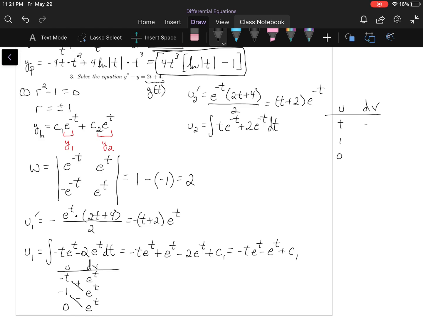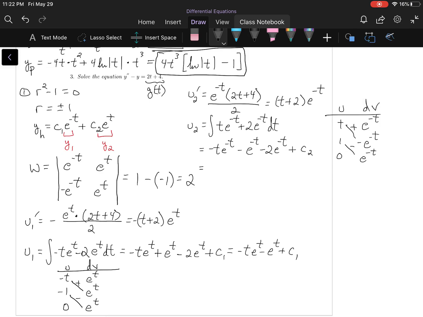That means dv is going to be e to the negative t, and its integral is negative e to the negative t, and when I integrate that, it becomes a positive e to the negative t. Then I start cross-multiplying, and what we get is a negative te to the negative t minus 1 times e to the negative t plus the integral of 2e to the negative t, which is minus 2e to the negative t plus c2.